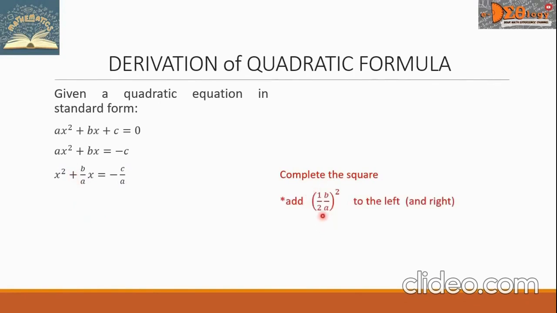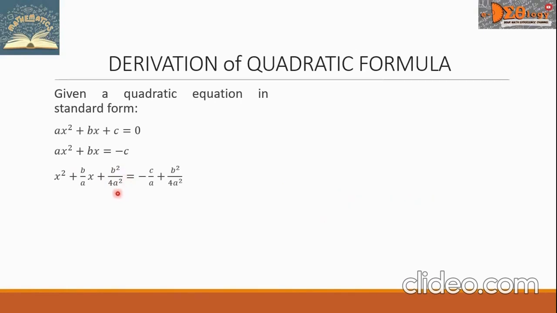So we are going to add this value to the left side and also to the right. And then let us simplify this square of 1/2 of b over a, and that is b squared over 4a squared.